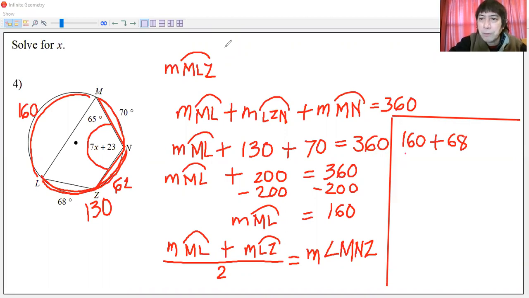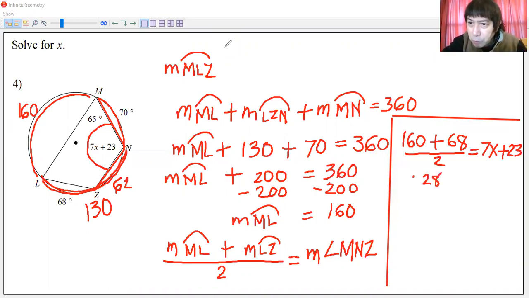And then half of this will be equated to the angle MNZ, which is 7x plus 23. All right, so let's combine this. This will be 8, 12, and 2, okay? And this is to be divided by 2, which equates to 7x plus 23.